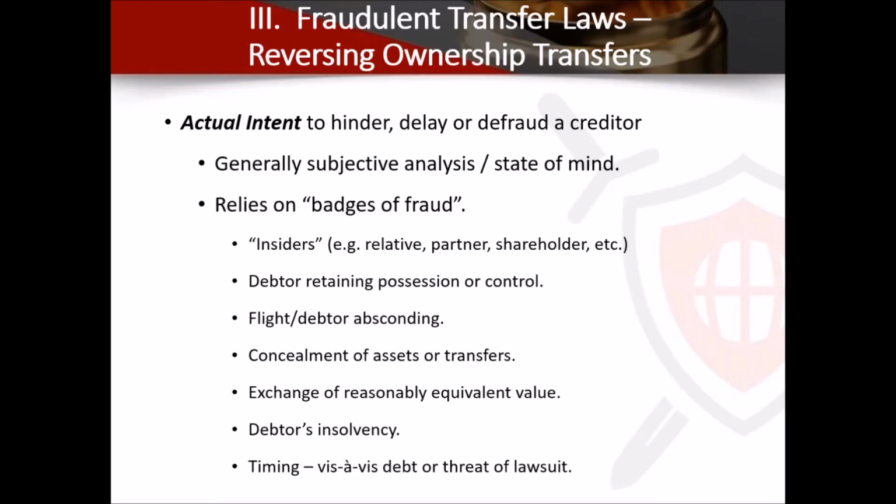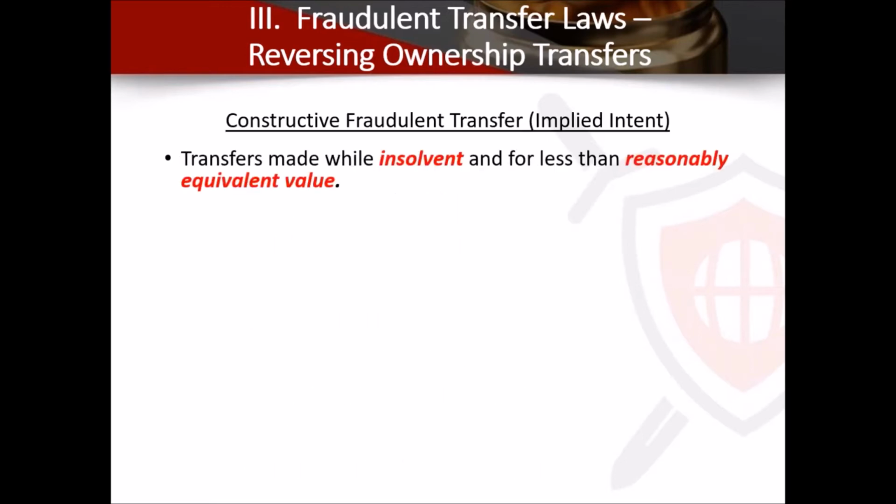Otherwise, and really in many ways more common, is constructive. Constructive means you don't have to show what they were thinking. Basically, if you can show that someone transferred an asset away, didn't get back value, and became insolvent for asset protection purposes, then they did a fraudulent transfer, and you can go get the asset.